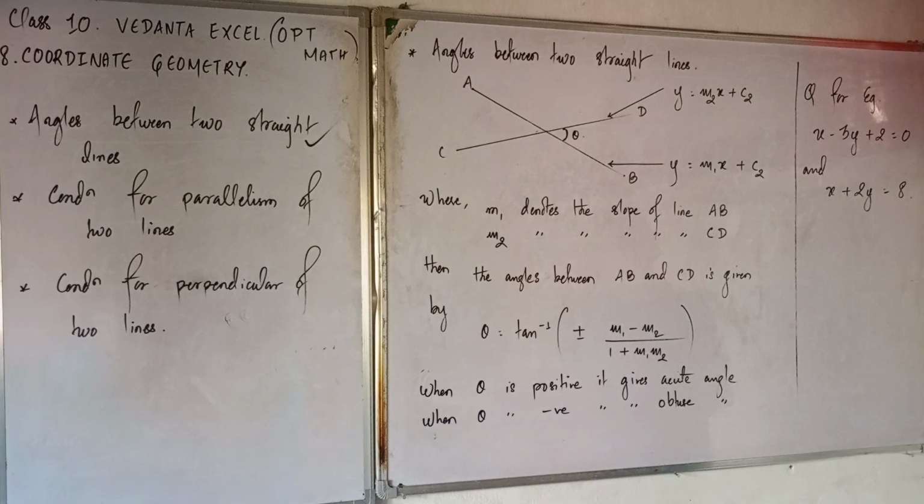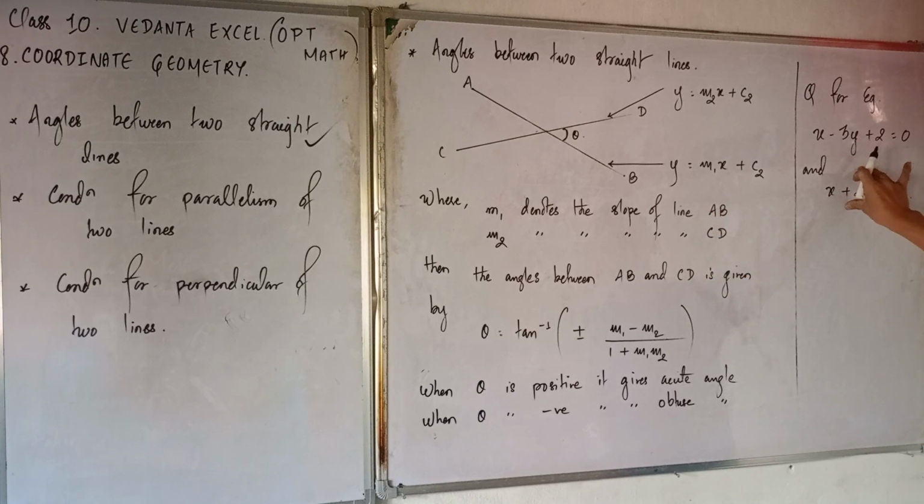For that, I have one question here. For example, let x minus 3y plus 2 equals 0 and x plus 2y equals 8 be two lines, okay? So I'll go into this question.